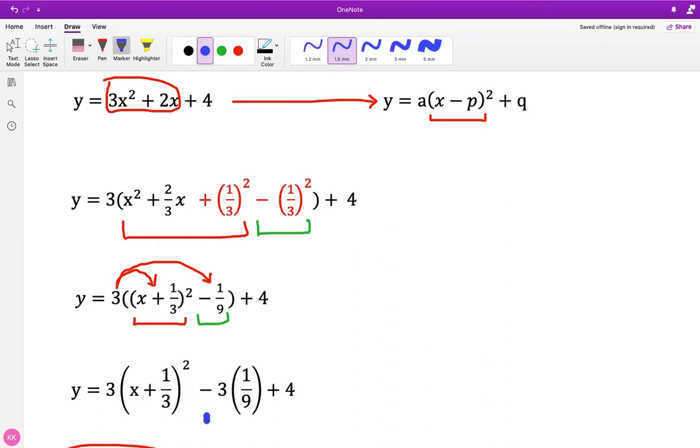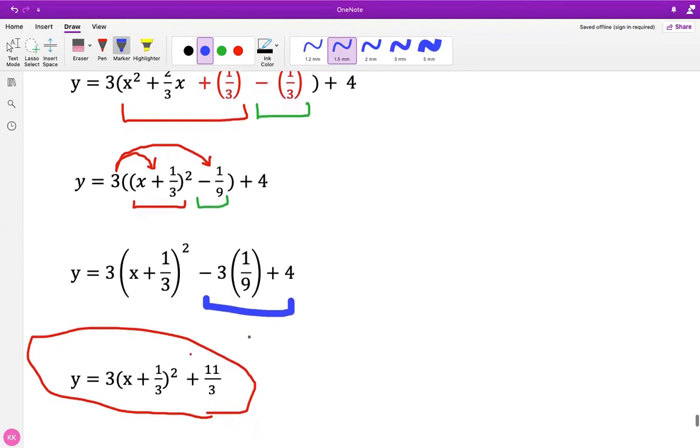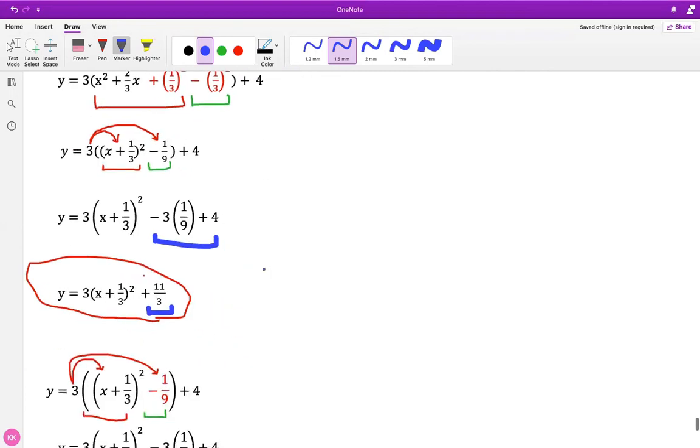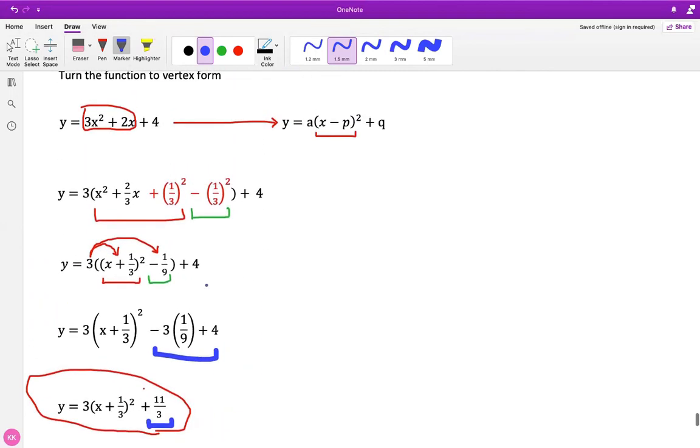This portion right here is your q value, and when we do this calculation, we get y equals 3 times x plus 1 over 3 squared plus 11 over 3. So 11 over 3 corresponds to the q value, and now we have figured out the answer. The vertex form is y equals 3 times x plus 1 over 3 squared plus 11 over 3.